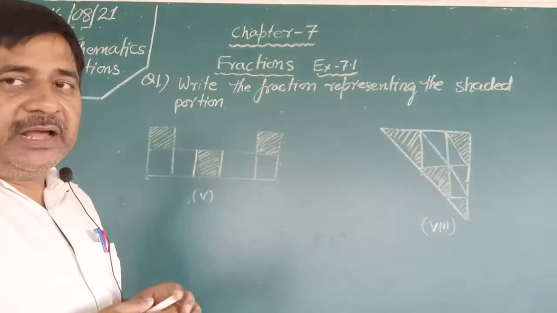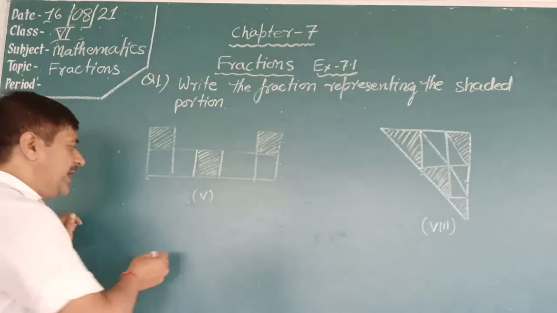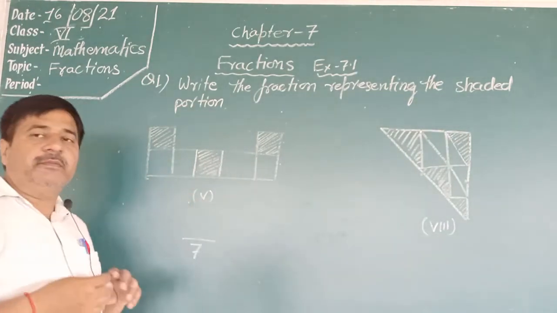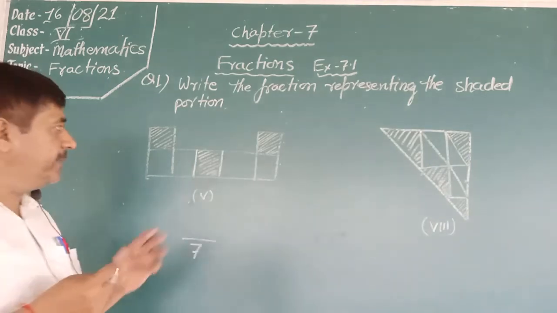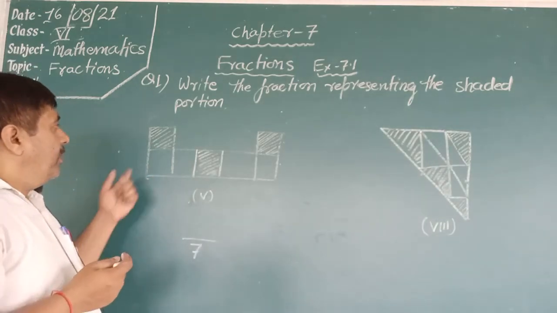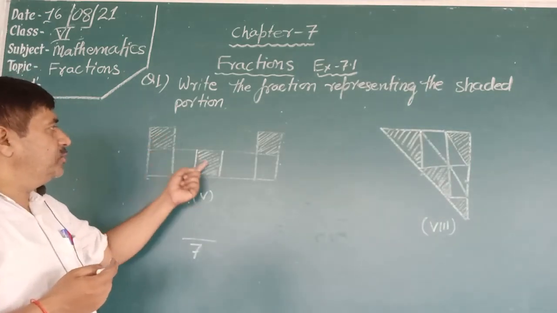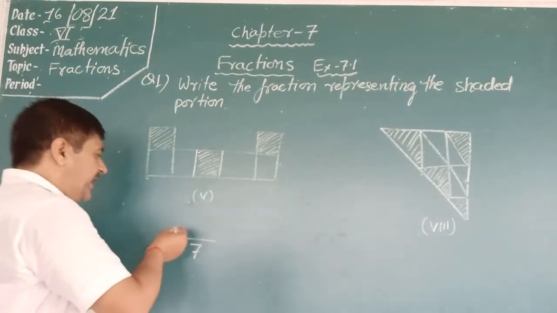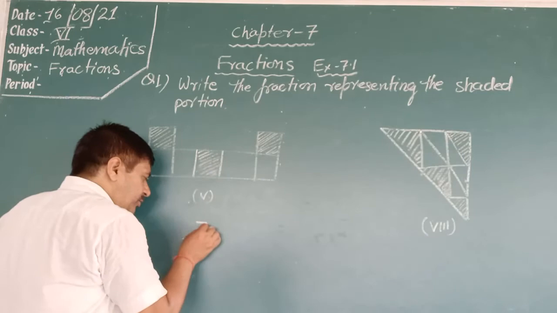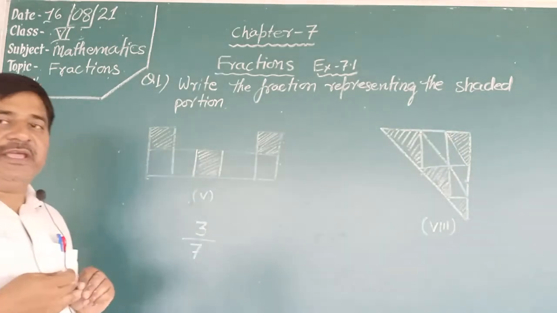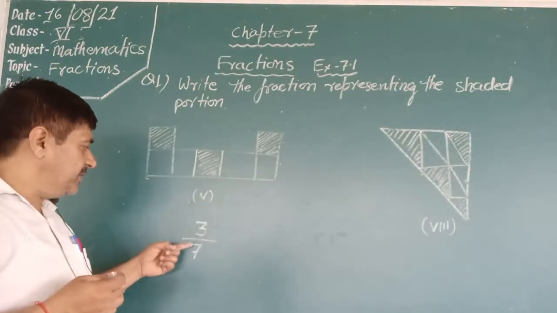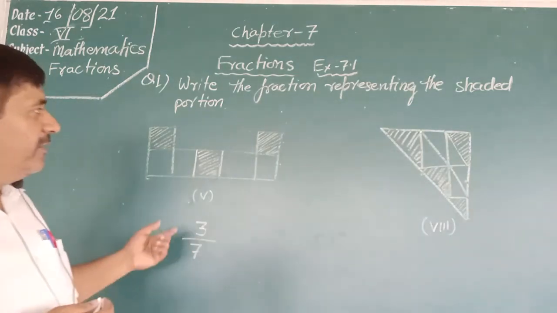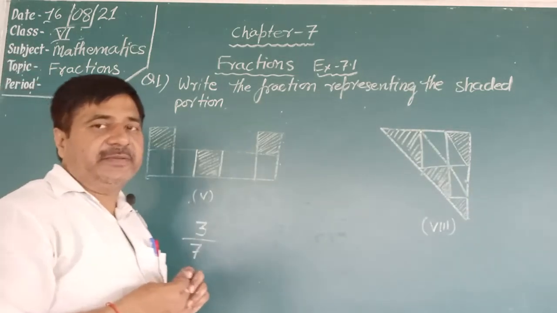Total 7 parts are given. So you write the total number of parts in the denominator. Okay, and how many shaded? 1, 2, 3. 3 are shaded portions, which you write in the numerator, and the fraction becomes 3 by 7.